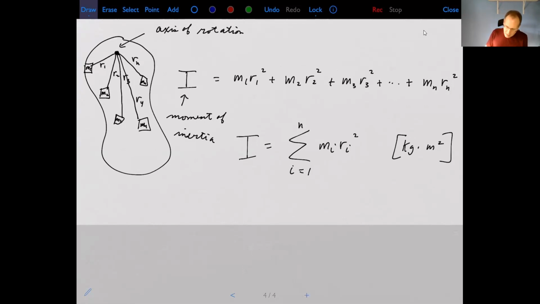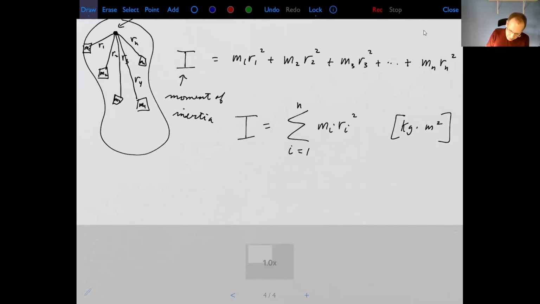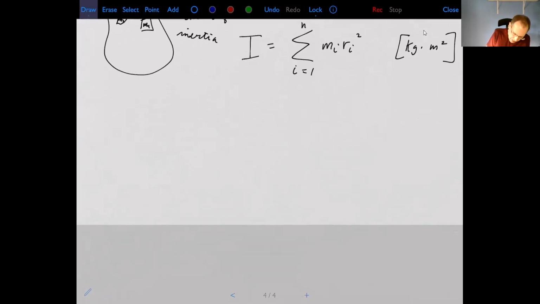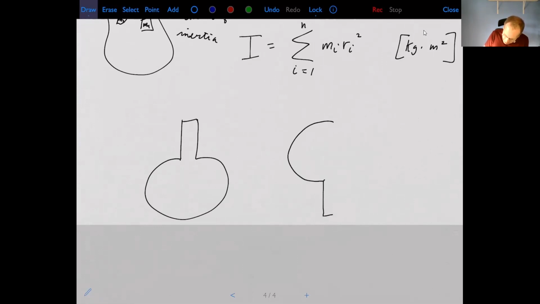Here's an example. Let's say we have a ping pong paddle. So something like this. And so same paddle, right? So they have exactly the same mass. It wasn't drawn very well, but assume it's exactly the same shape, right? Same paddle.